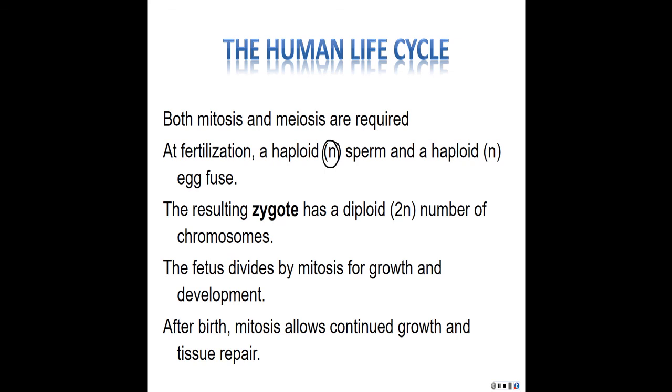The zygote is diploid, meaning it has 2 chromosomes of each unique chromosome. You would say there is a pair of chromosomes for each, or 2 sets of chromosomes. Then the fetus divides by mitosis for growth and development, and after birth, mitosis allows continued growth and tissue repair.